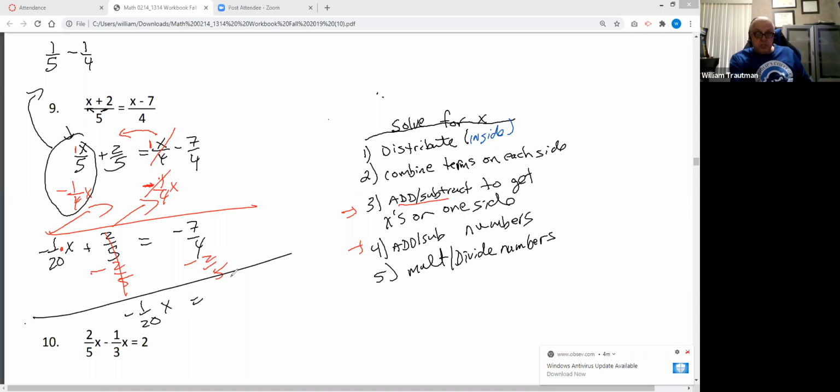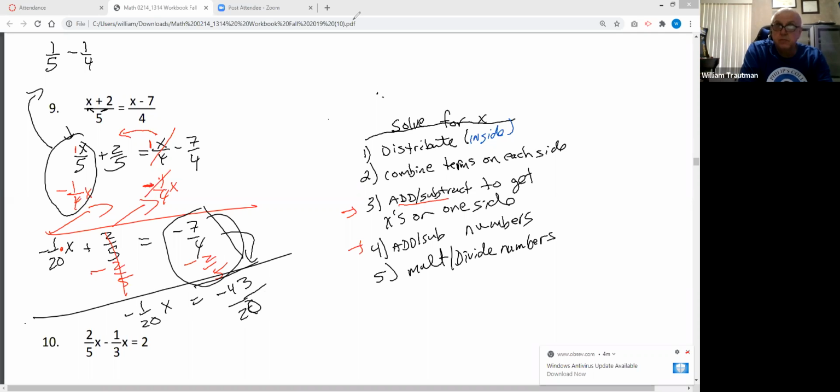When you do this, you should get -43 over 20. If you tried this, hopefully you got what I got, -43 over 20. Everybody okay with that? Got to put that in your calculator correctly.